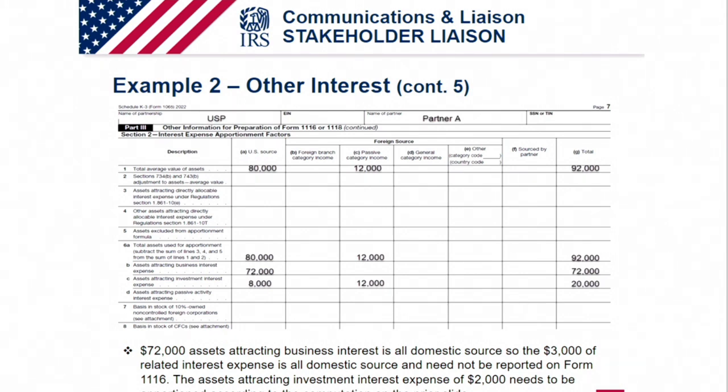That 72,000 is in the general category, business category. And then we have 12,000 again on line 6C, to differentiate the types of income that is being generated by the assets so that the partner can do the allocation and apportionment. So now we'll move on to our final polling question, Anika.